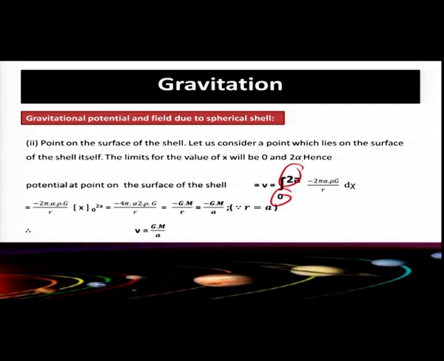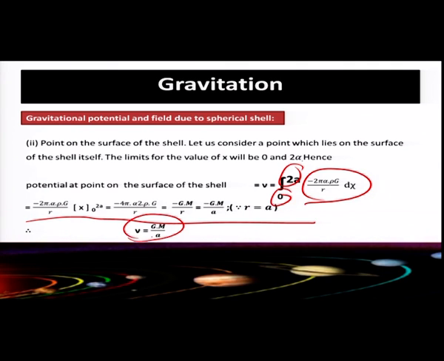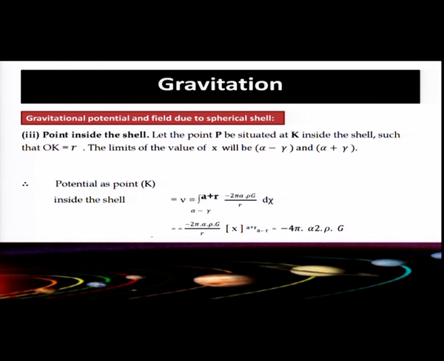So, the limit is from 0 to 2a, and you integrate 2 pi alpha by r into rho G into dx. When you integrate, and put r is equal to a, I get V is equal to minus GM by a.